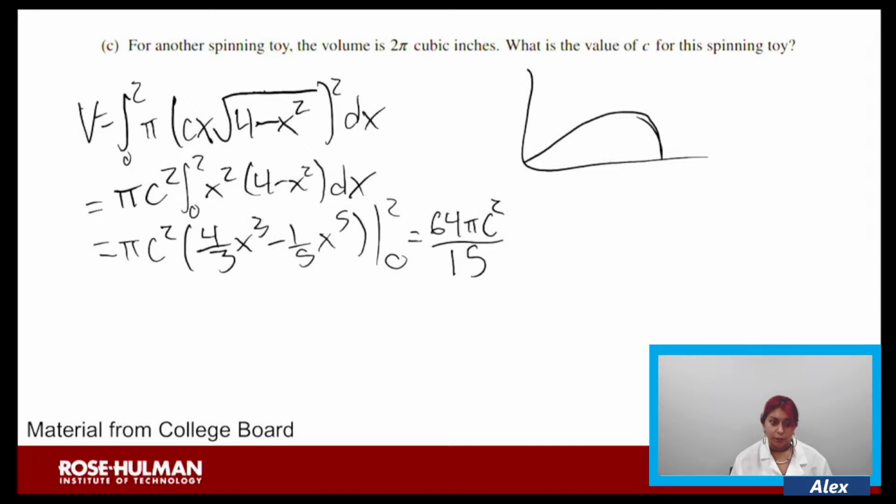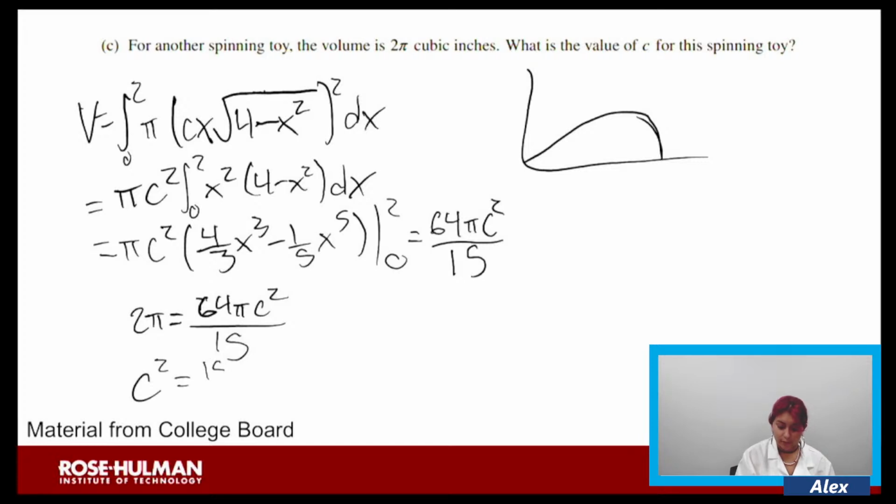You're given that the volume is 2 pi cubic inches. So if you set 64 pi times c squared over 15 equal to 2 pi, you can solve for c. You could solve for c squared and get 15 over 32 and get your c as root 15 over 32.